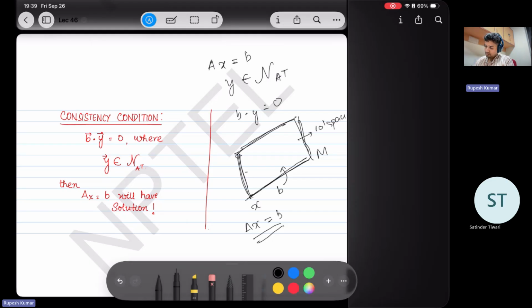If you have some vector that does not lie in the space, then it does not have a solution, right? Then the question is, when will it have a solution? When it will have a solution, the criteria is this consistency condition, right?